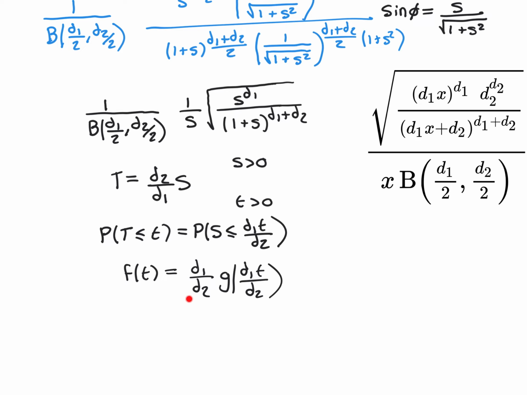So this is the transformation of the PDF when we've got this simple multiple transformation. We just need to take this PDF and evaluate it at d1 times t over d2, and then multiply the whole thing by d1 over d2. That's what we need to do to get the final PDF of the F distribution, and it will come out as this thing here.